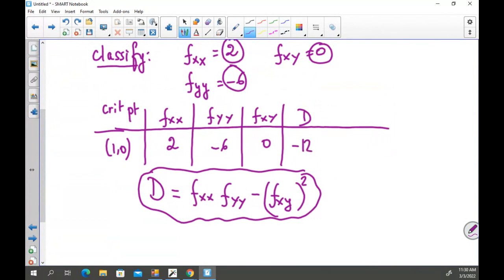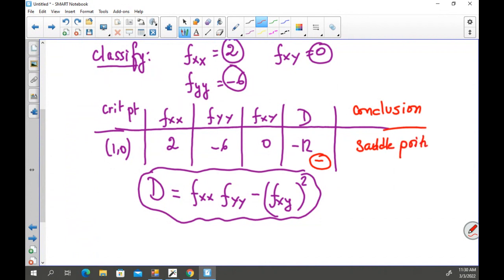And because it's negative, what conclusion can we draw? It's a saddle point. So this point is a saddle point. Not a maximum, not a minimum.